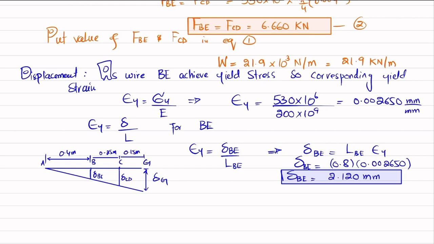Now, you can see you have two similar triangles. One is this one, clear. The second one is this one, clear. So we will take these similar triangles. Let's say this is your 1 and this is your 2.